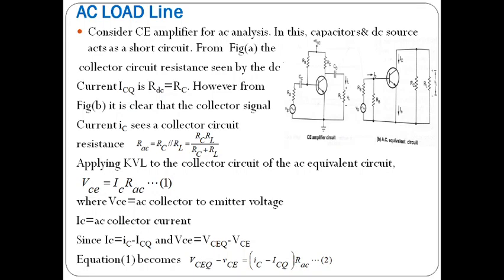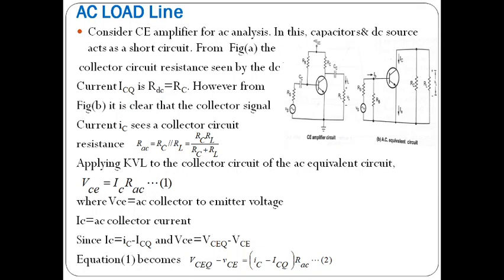The resistance seen by the DC current ICQ from the collector side is RDC equals RC, the collector resistance only.